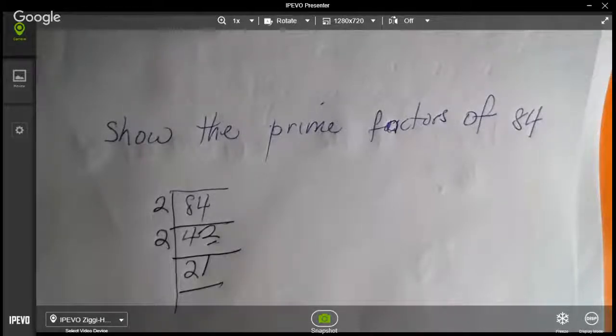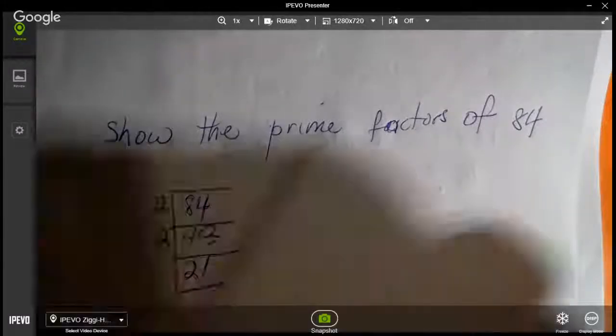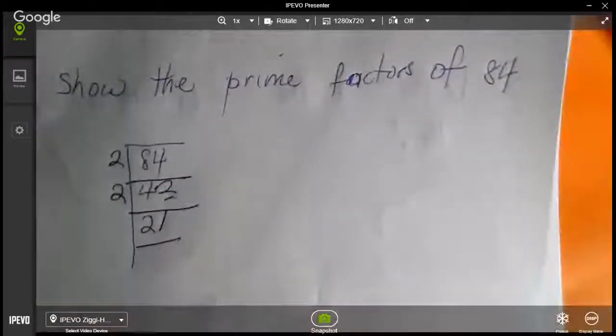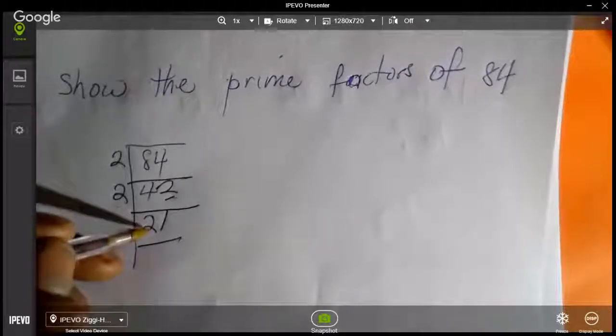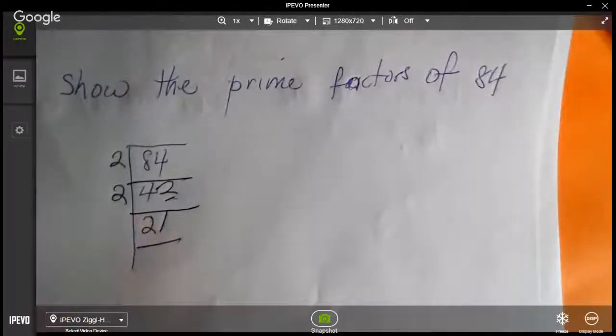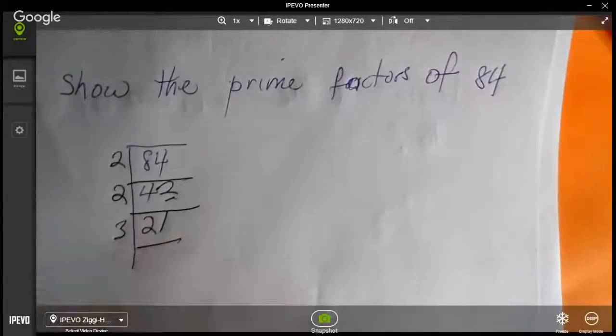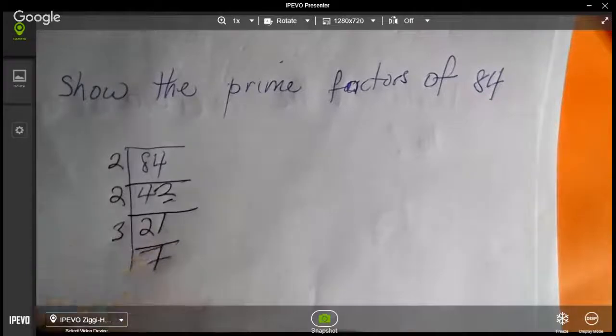Can 3 go into the 21? Yes, sir. How do I know that 3 can go into 21? Because the sum is divisible by 3. Good. So 2 and 1 is 3 and 3 is divisible by 3. Exactly. So I'm going to use 3. 3 into 21 would go 7 times. All right, cool.